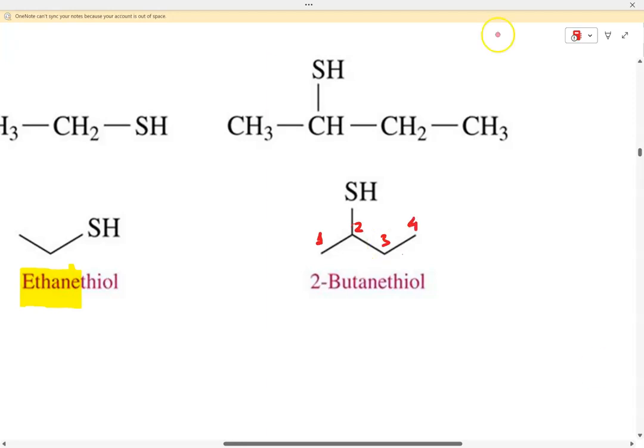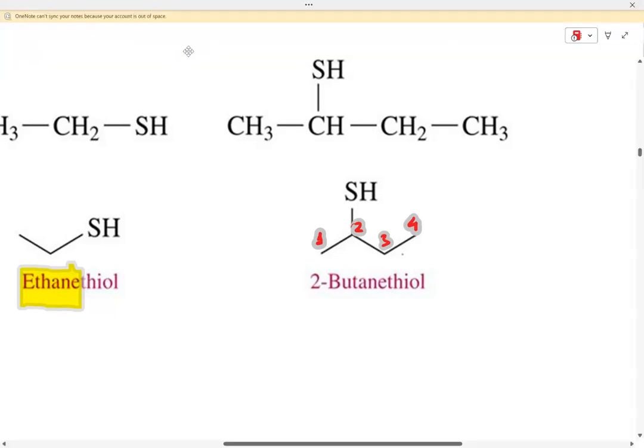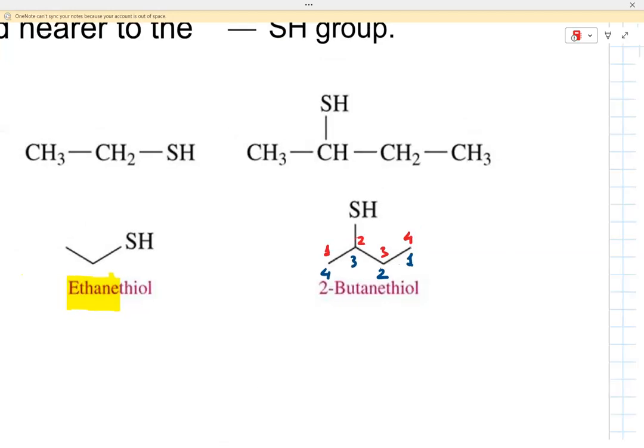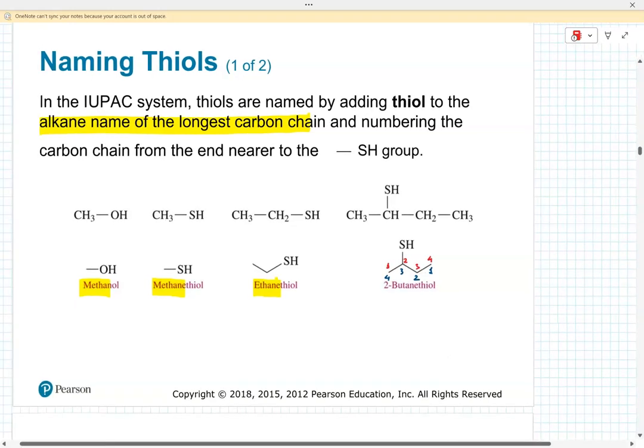Or, alternatively, you can do 1, 2, 3, and 4, but you want the lowest number for the thiol group, so it's going to be 2-butane thiol. Okay, so far makes sense?